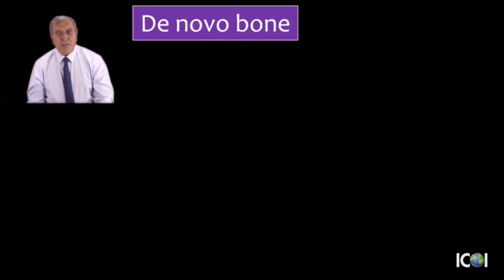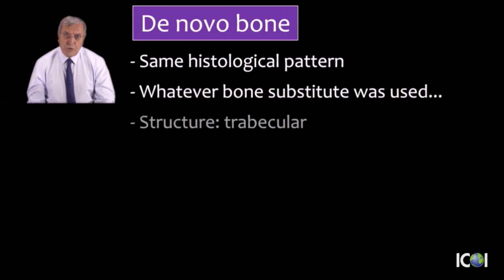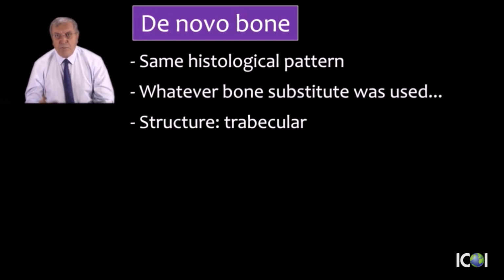The conclusion is that the de novo bone, when we use a substitute, is exactly the same, whatever the kind of bone substitute we use. But it's also trabecular. But there is a big difference between the two kinds of trabecular bone.